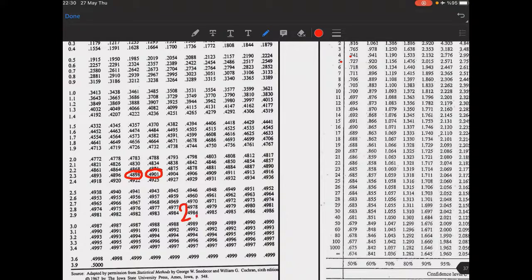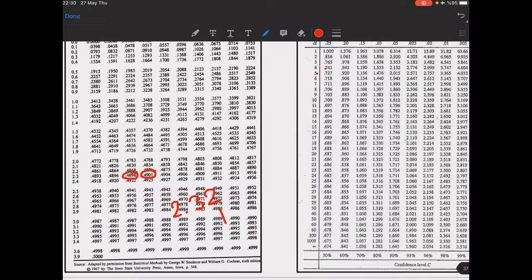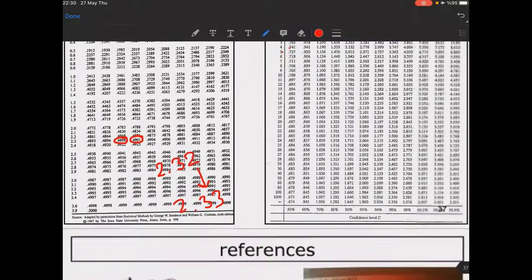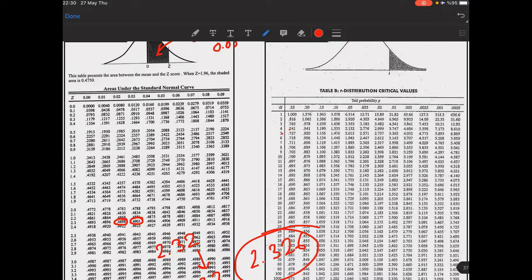Between 2.32 and 2.33. Just between them, right? I'm just putting some value between them. 2.326, I think that makes sense.